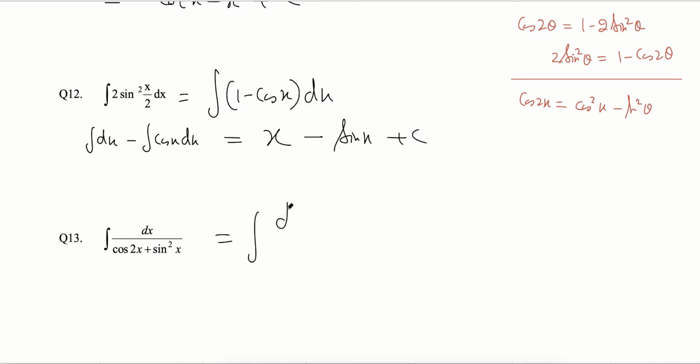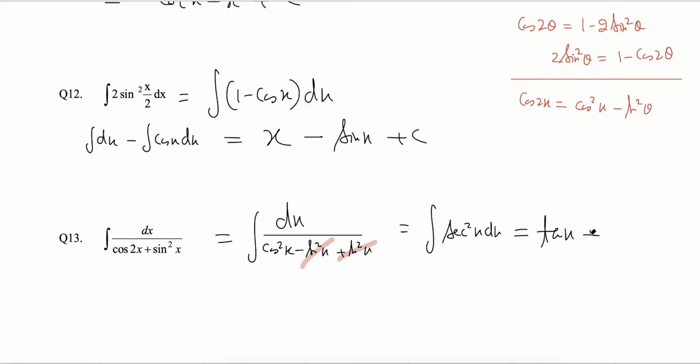So dx by cos 2x I can write as cos square x minus sin square x plus sin square x. These two cancel, and you are going to get integration of secant square x dx, because 1 by cos square x I can write as secant square x. That integration, all of you know, is tan x plus c. So this is the answer.